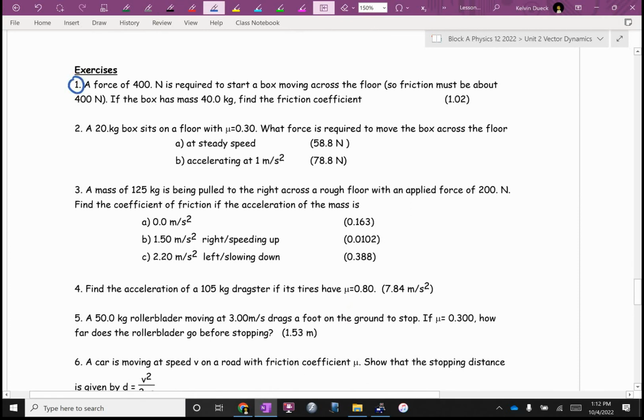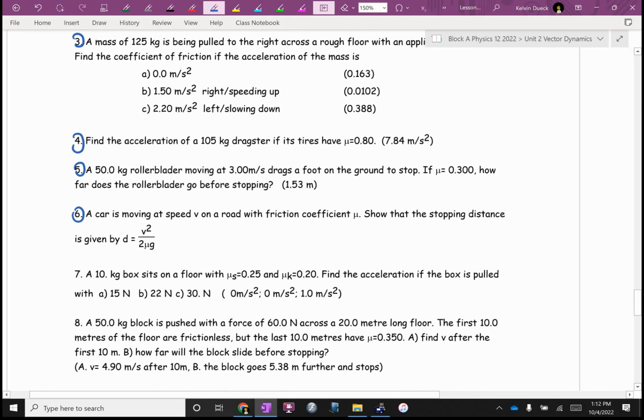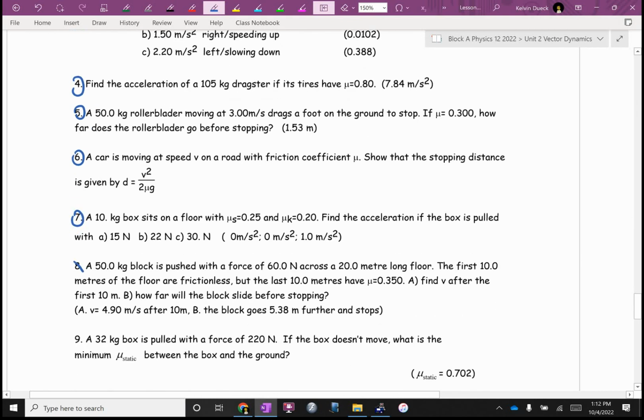Number 1. 2 is good. 3 is good. 4 is good. 5 is good. 6 is good. 7 is good, but you can skip 8.